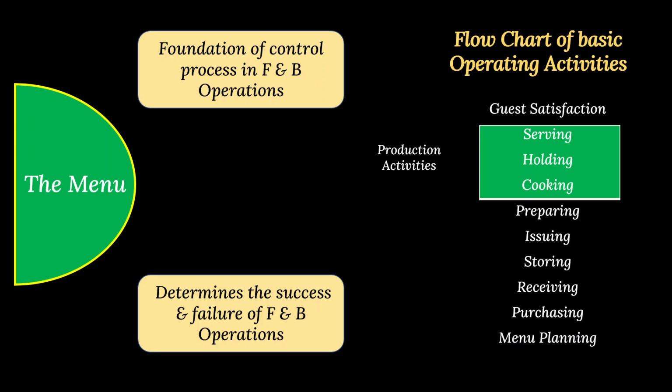And this process, as I have mentioned, starts with menu planning and goes to the end, that is guest satisfaction. That is our entire flow chart. I hope it is very clear in your mind now about the operational part of our food production or food service area.